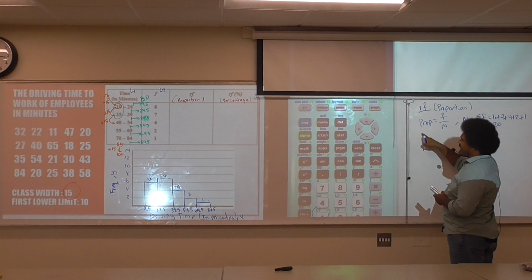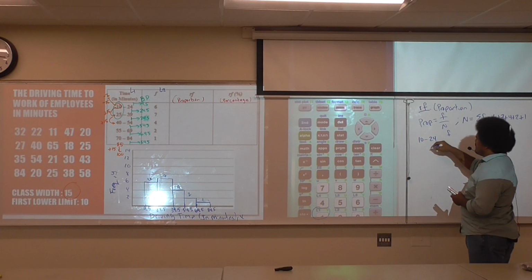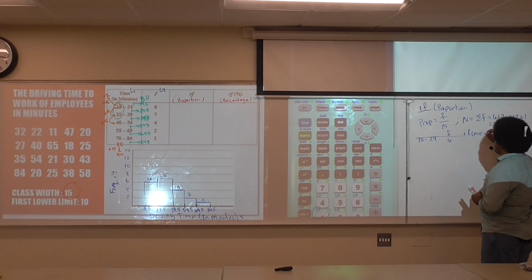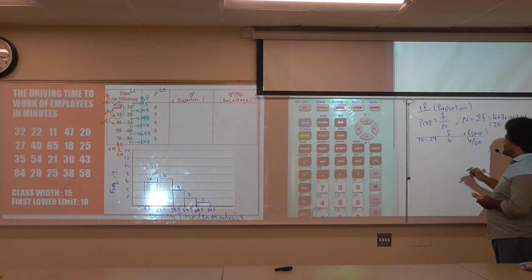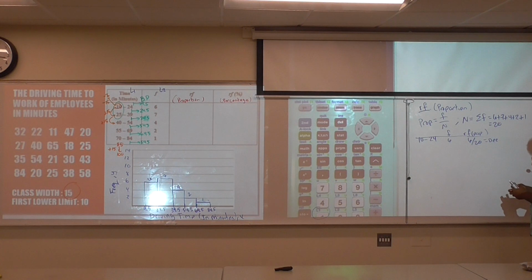So if we want to get the first class, the one that has 10 to 24, we know its corresponding frequency was 6. So if I want to do relative frequency and proportion, it's going to be 6 over 20, and we want to write this in decimal form. We usually round to 3 to 4 decimals for accuracy.